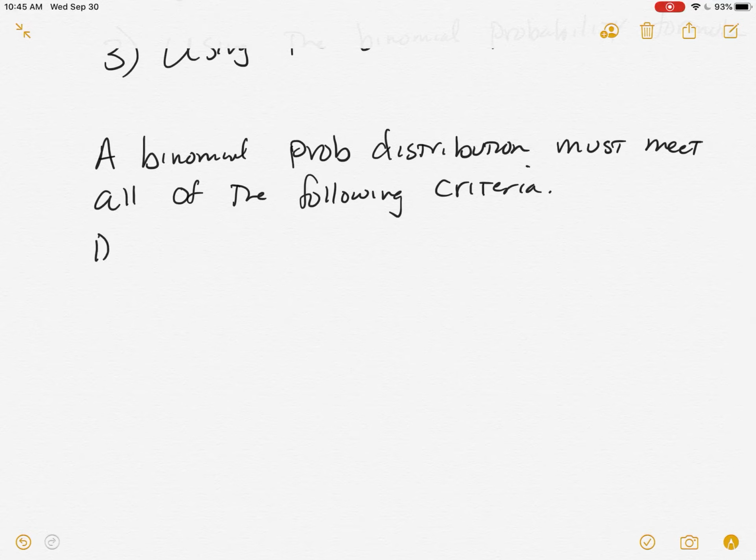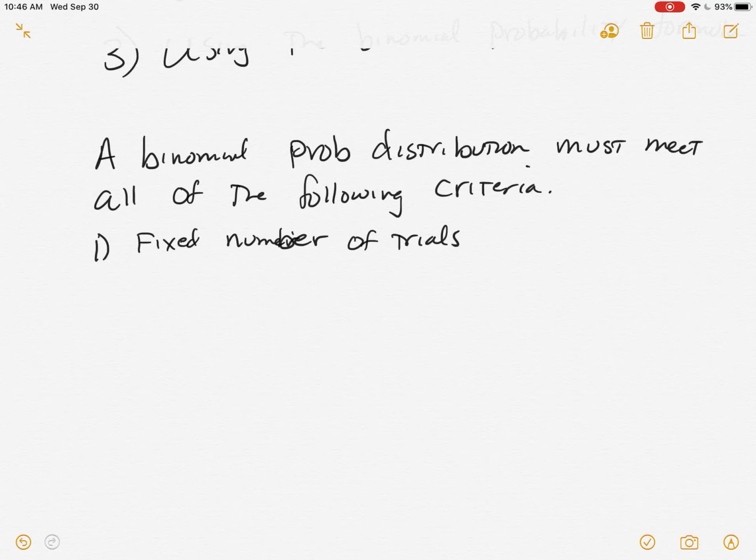Number one, fixed number of trials. Okay, you can't just do something forever. It won't work in terms of the binomial probability formula being able to help you. You have to have something done a set amount of times.